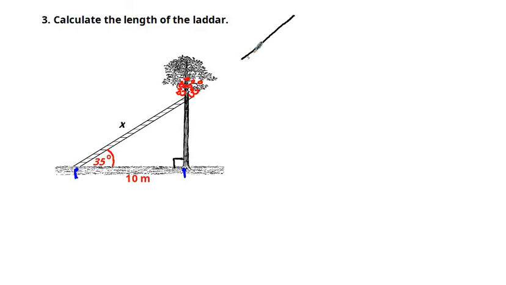So this would be 10 meters, this would be 35 degrees, this side would be x. Right, so that's how you can do it. You look at the problem and then you make a sketch of how the triangle would look.